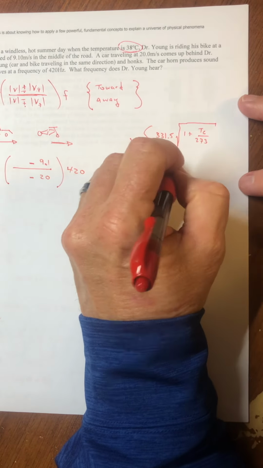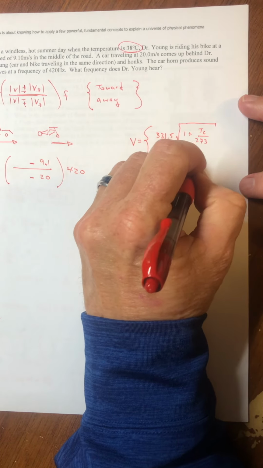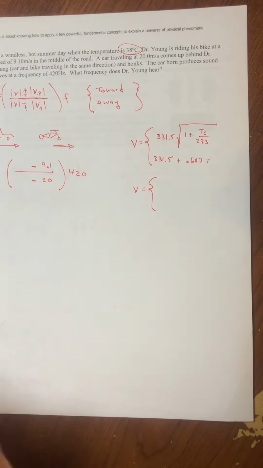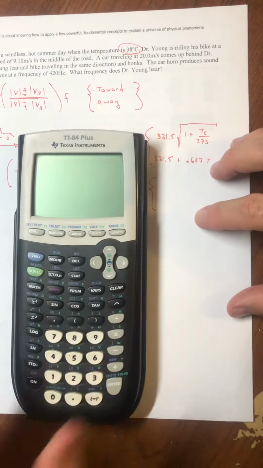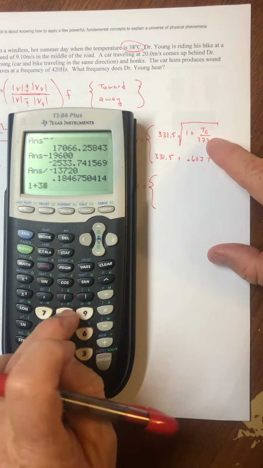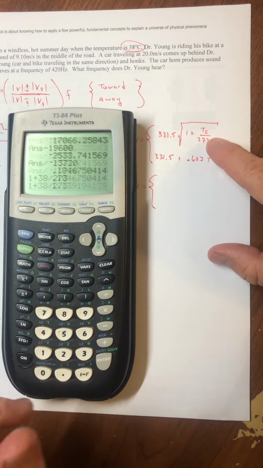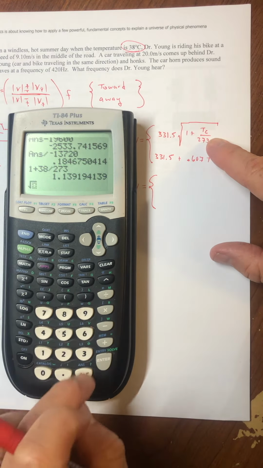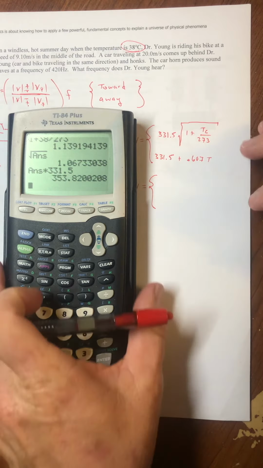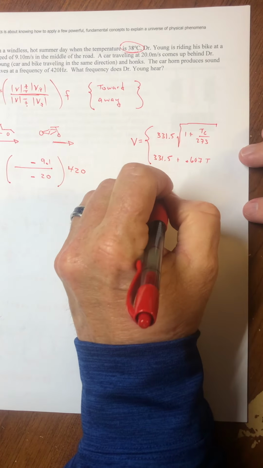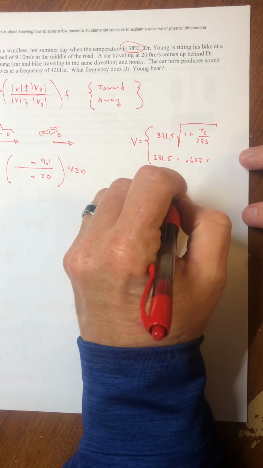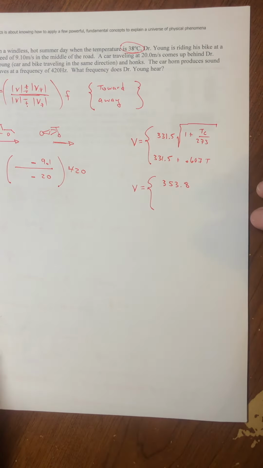plus 0.607 t. So if I use the more rigorous equation for the speed, I would have 1 plus 38 over 273, the square root of that, times 331.5, and I would get 353.8.